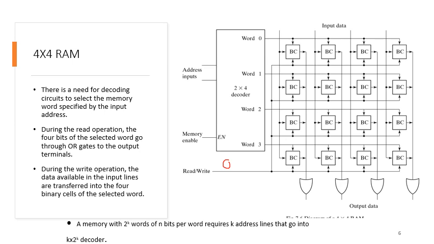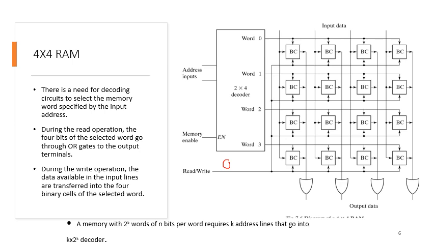So let us see how this works. During the read operation, the 4 bits of the selected word go through the OR gate to the output terminals, and during the write operation, the data available at the input lines is transferred into the 4 binary cells of the selected word.